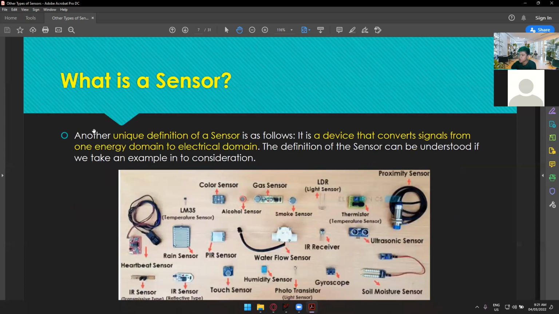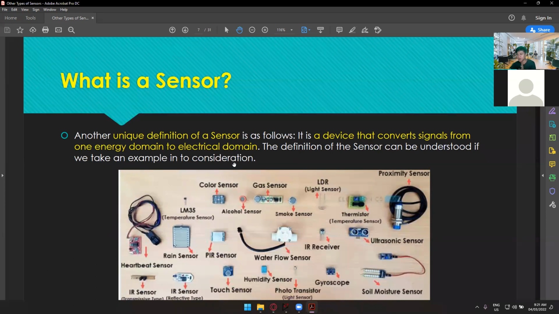There is another definition aside from taking an input and creating an output. A sensor is also a device that converts signals from one energy domain to the electrical domain, most commonly analog to digital. That is one good example by this definition: it converts that energy signal into an electrical domain.